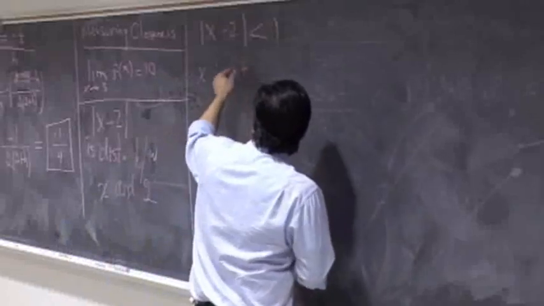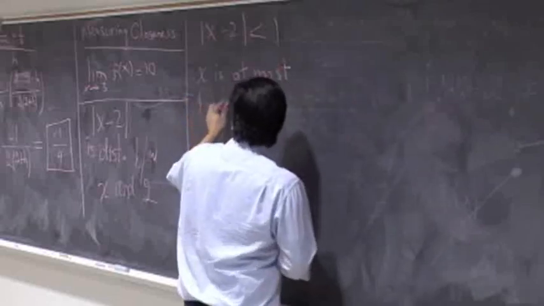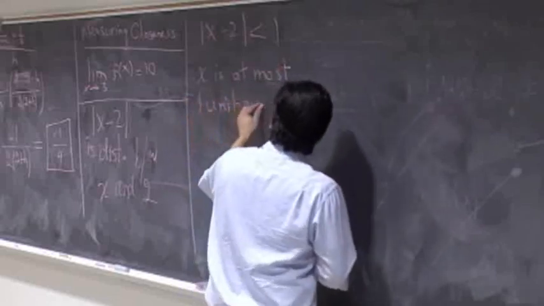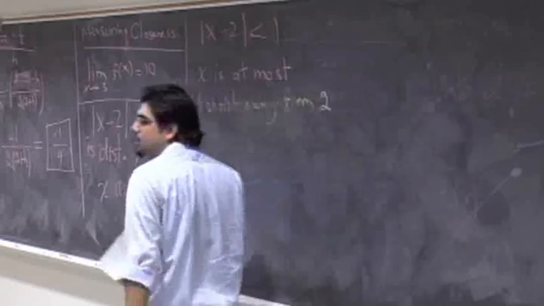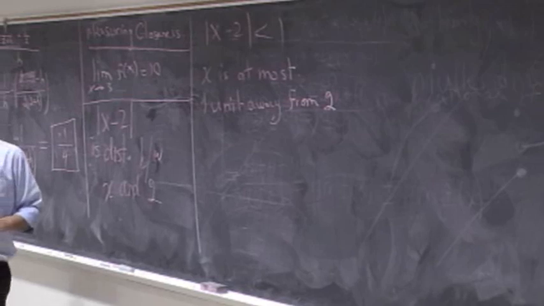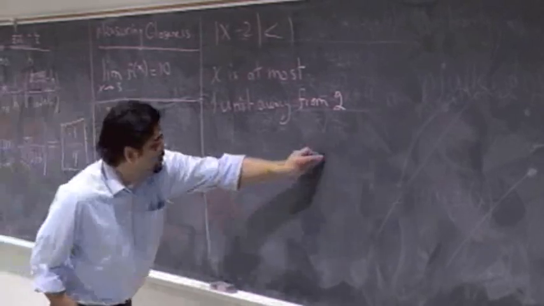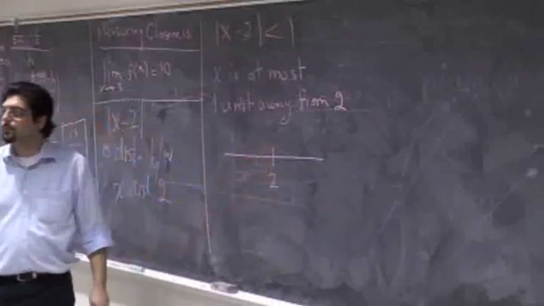X is at most 1 unit away from 2. That's what it means. Okay? X is at most 1 unit away from 2. Okay?